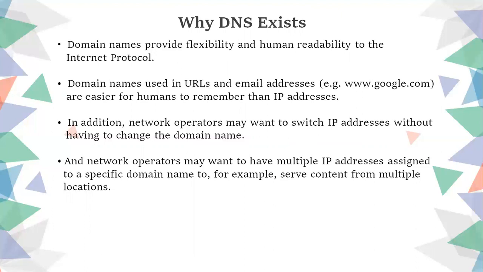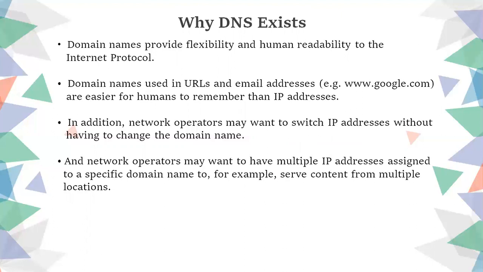Domain names used in URLs and email addresses are easier for humans to remember than IP addresses. Google.com is very easy to understand. Other than that, we have to memorize IP version 4 addresses like 122 dot, or IP version 6 addresses. So that is a huge process.